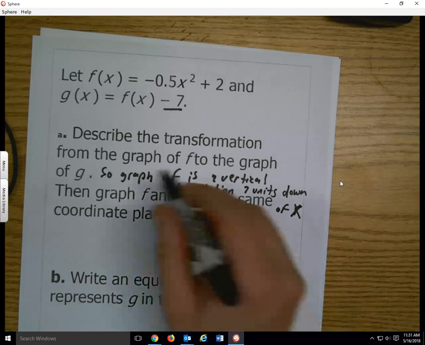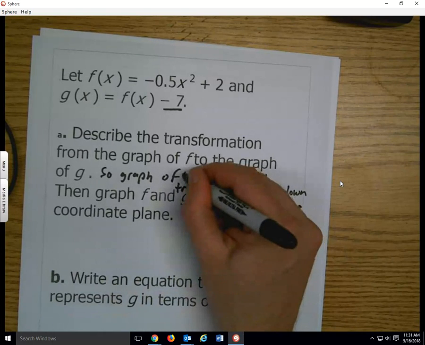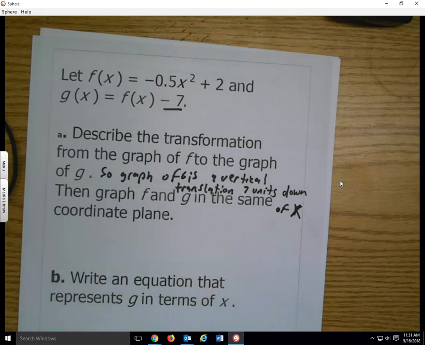So the graph of g is a vertical translation 7 units down of f of x.